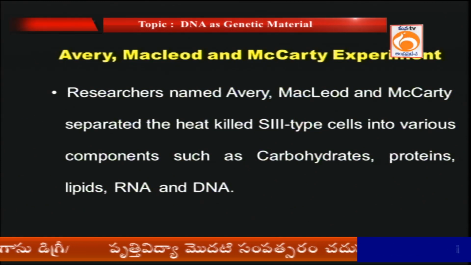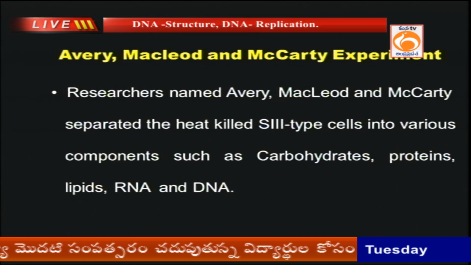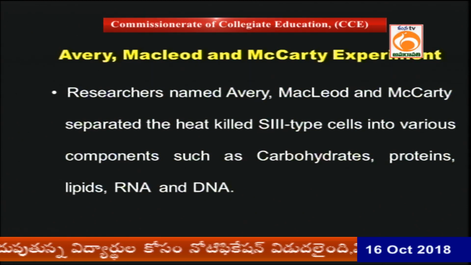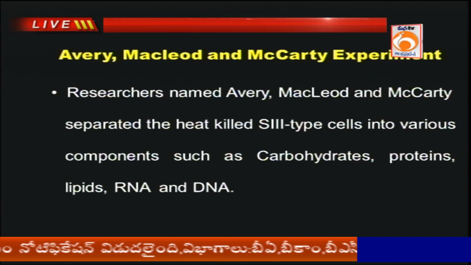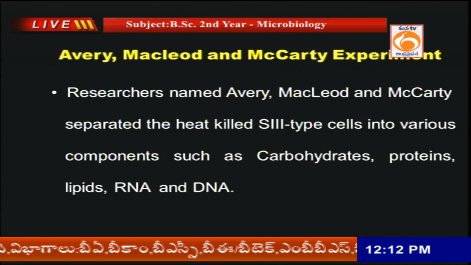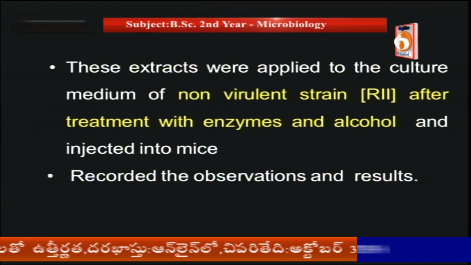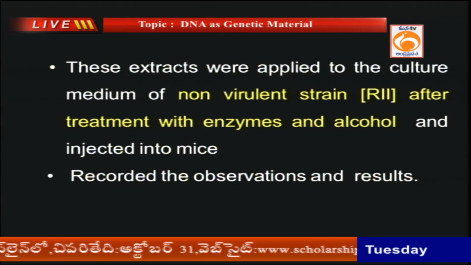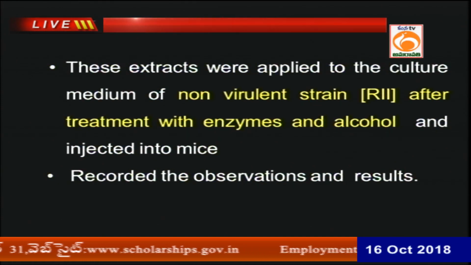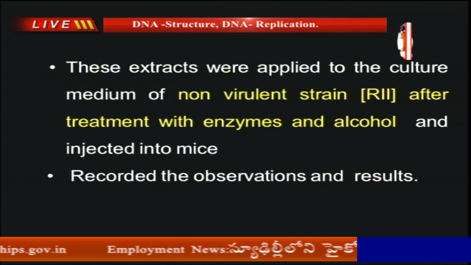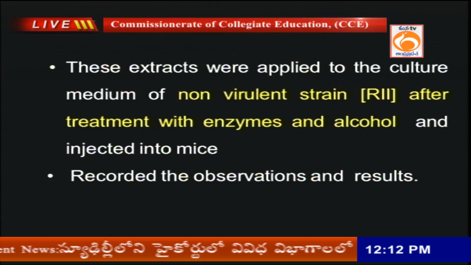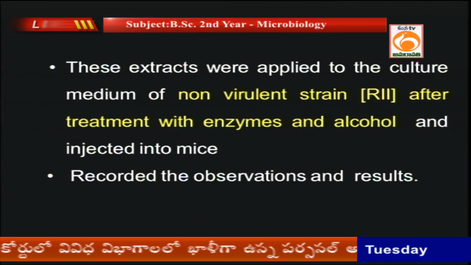For this, they first extracted various biochemicals like carbohydrates, proteins, lipids, RNA and DNA from the heat-killed S3 strain. Then these extracts were subjected to treatment with different enzymes and alcohol before they were mixed with live R2 cells and injected into mice. The observations and results were recorded like this.